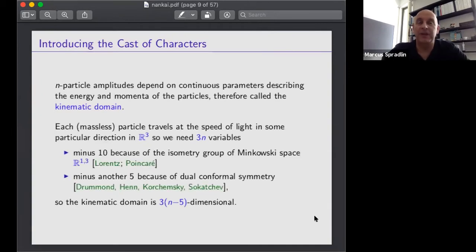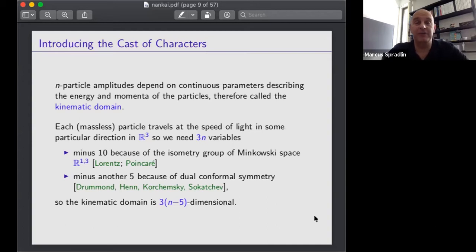Now, we can just do some simple counting here. If you have n massless particles, each one is traveling at the speed of light in some direction. So you need a vector in R^3 to specify the direction it's traveling. So you need 3n variables. But then there are some symmetries which constrain the problem.